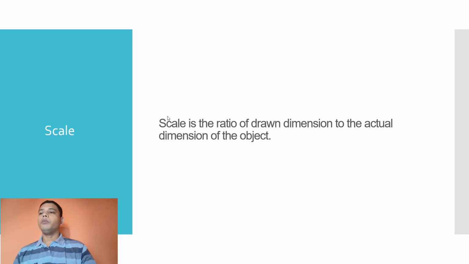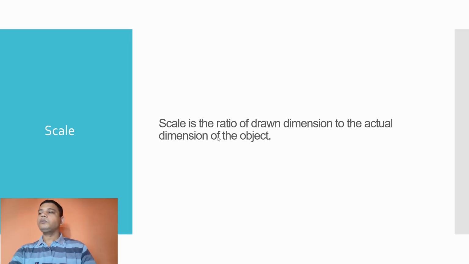Maybe the dimensions of the actual object are much higher, which is not feasible to put into the drawing sheet, then we can reduce the dimension. Or let's say the dimension of our real object is too small to draw in the actual drawing sheet, then we have to enlarge it. So the extent to which we are reducing or enlarging the true dimensions of the object, that is called a scale.